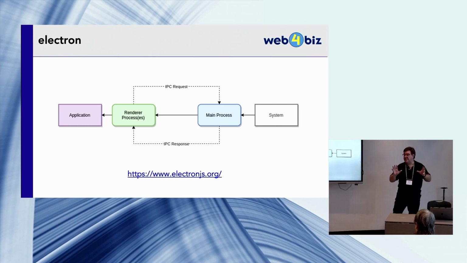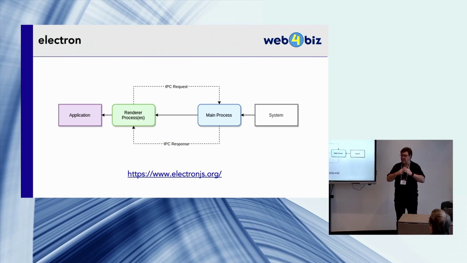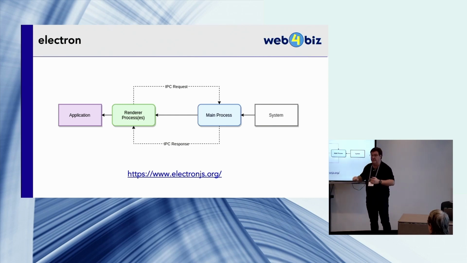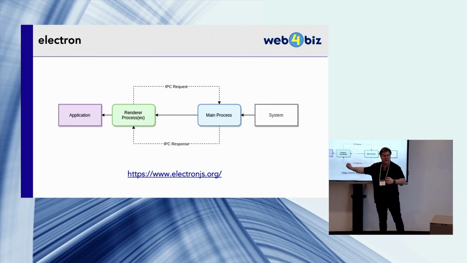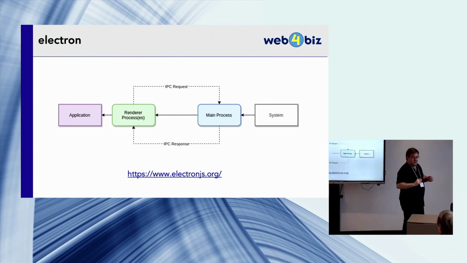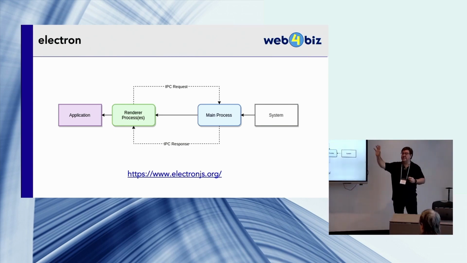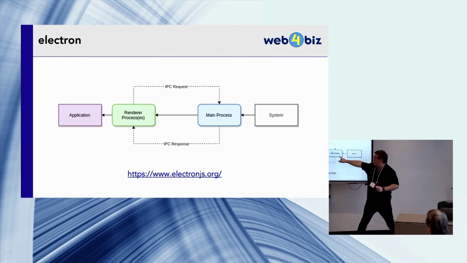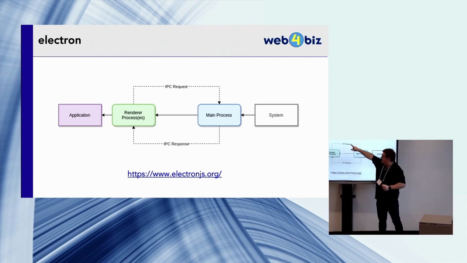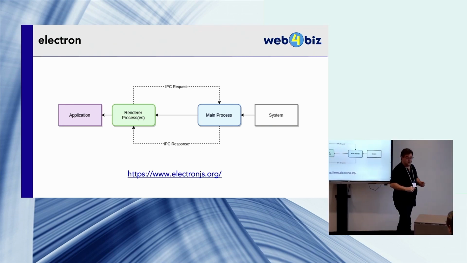So what happens with Electron at the end is, with the local user rights, a Node.js engine will be started from the system. It's the main process. The main process starts a renderer, and inside there we have the application. So the application itself is still in a WebKit, is still sandboxed. So from the application itself, we are not able to go down to the operating system. But between the main process and the renderer process, there are IPC requests and responses.